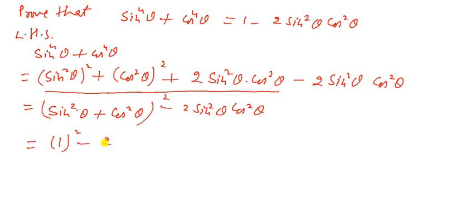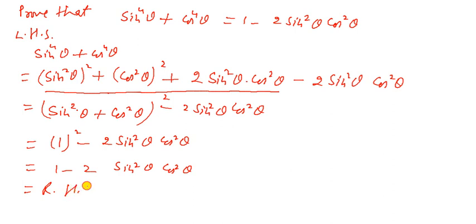Sin square theta plus cos square theta is 1, so 1 whole square minus 2 sin square theta cos square theta. So it is 1 minus 2 sin square theta cos square theta, and that is the right hand side of the question. So hence proved. This question is very easy, so you can do this type of question.